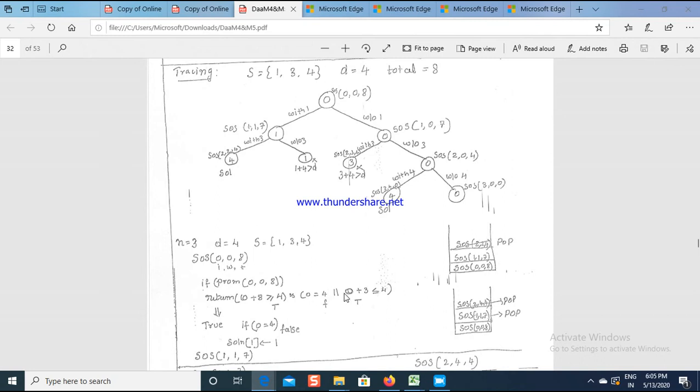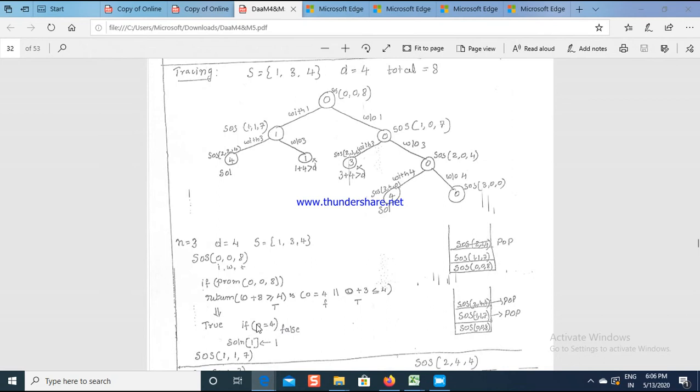Or weight plus next element: what is my weight? 0. Next element is 3. So 0 plus 3 is less than or equal to 4. True. Now it is an OR operation: false or true is true, and it is an AND operation: true and true is true. So what is promising returning? It is returning true. If it is returning true, I told you that two things I need to check: whether I got the solution or I have not got the solution.